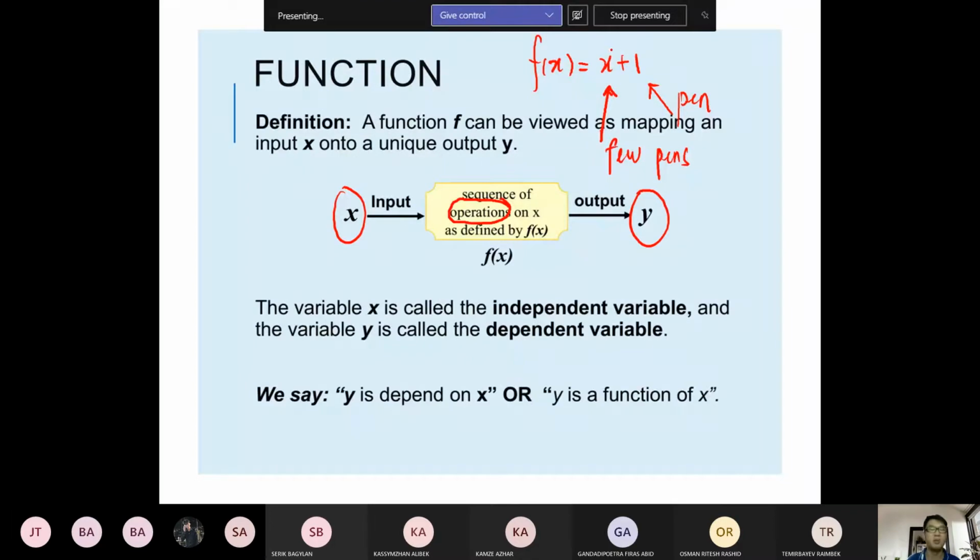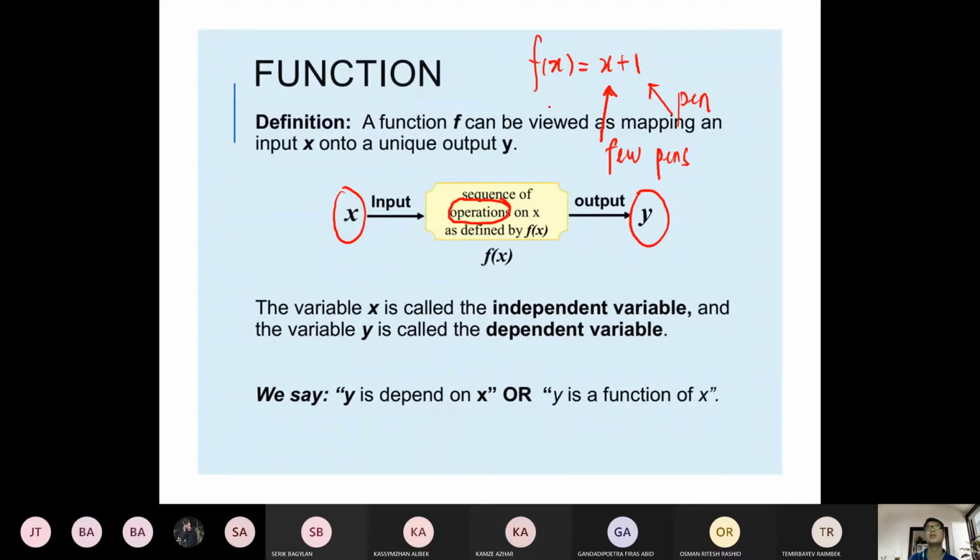So we use X to represent the quantity of new pens you are going to buy. The total, this is the Y, is the total pens you have now in your pencil box. So the total will be the pens you buy, X, plus 1, the pen you have now, existing. This will be the total.